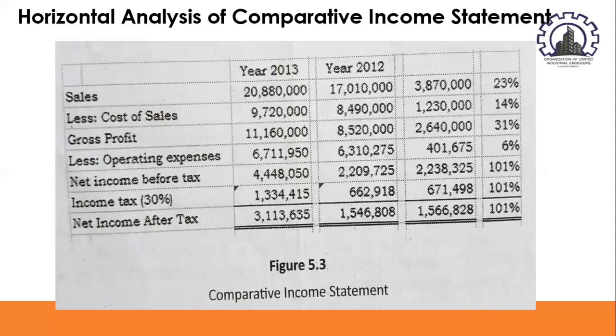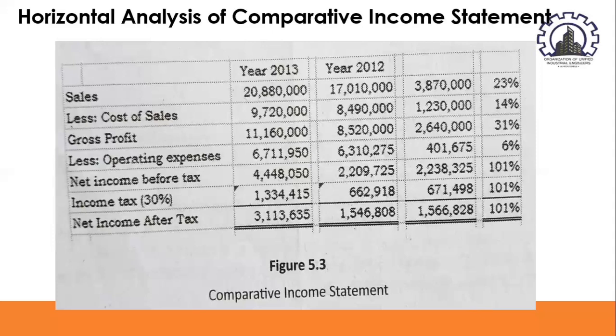Now, in interpreting the result, the reason for the good performance is that sales increased by 23% in comparison with the cost of sales 14% and the operating expenses 6% only. As a result, the operating performance has increased by 101%. Okay, so this is how we do horizontal analysis of comparative income statement.